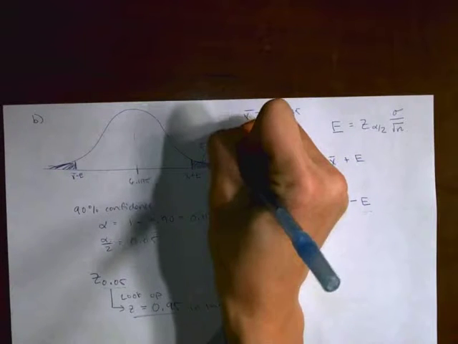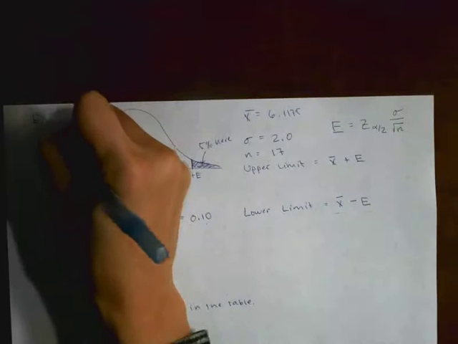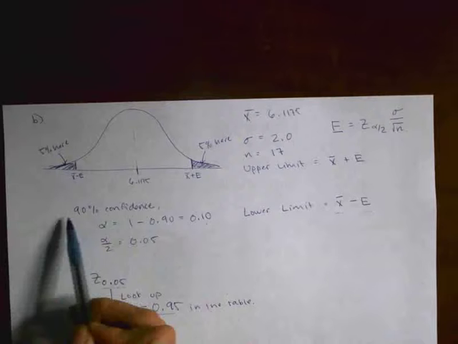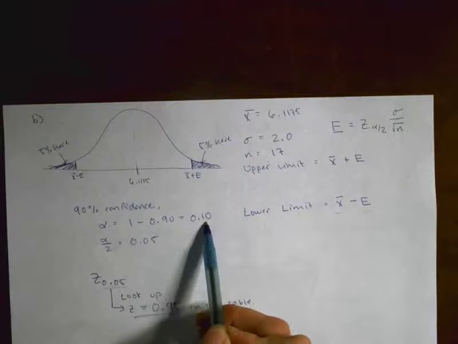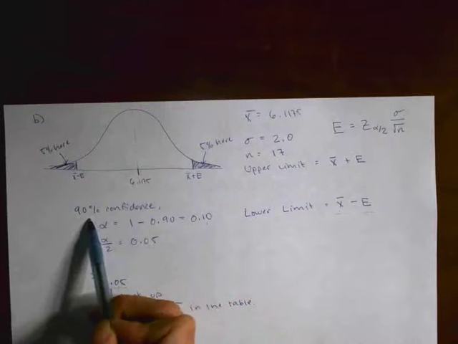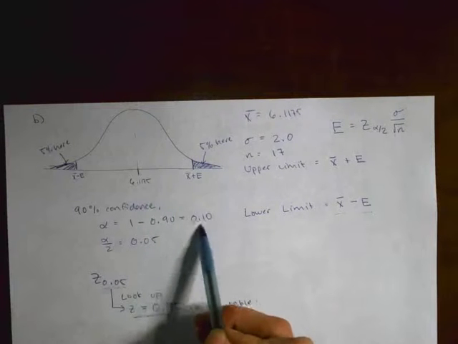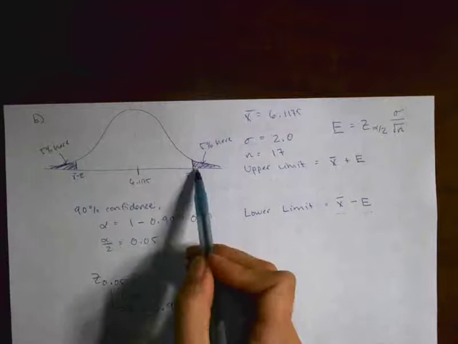If we've got 90% between the lower and the upper, that means that I have 5% of the data here and another 5% of the data here. Right, so in total, the 5 plus 5 equal 10% that's left. So we have an alpha value of 0.1, which corresponds to a 90% confidence interval. That's what the language of alpha means.